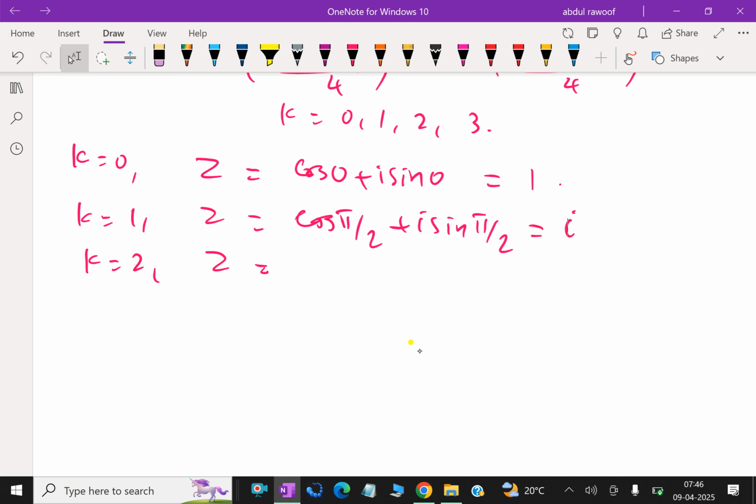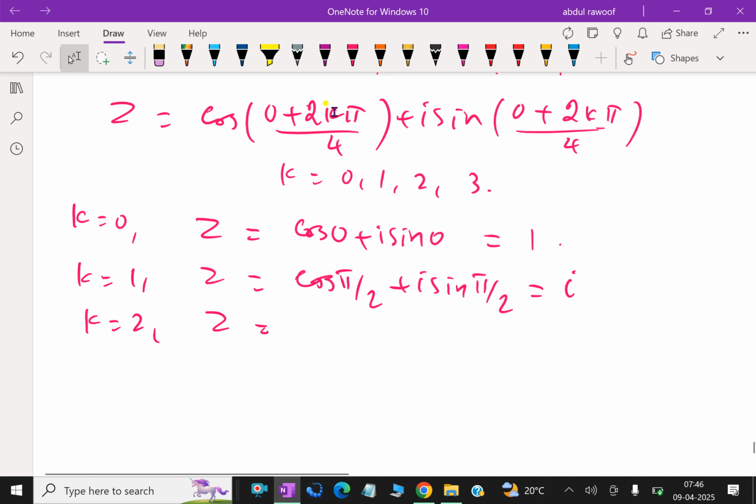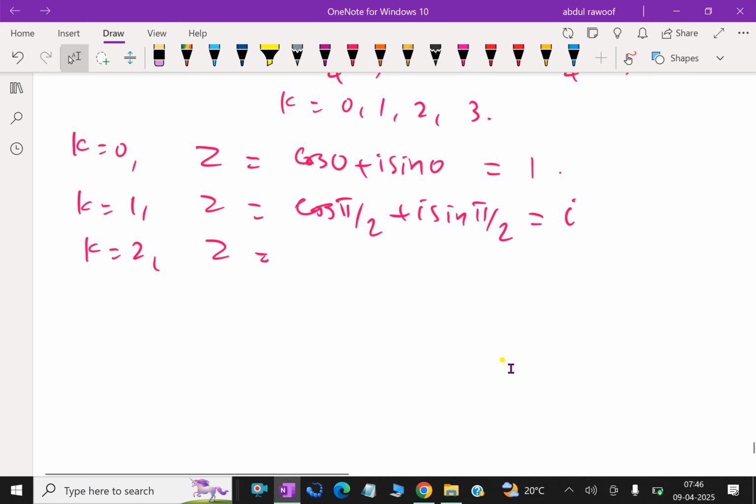Then k = 2: 2 times 2 is 4, 4π/4 is π, so z = cos π + i sin π, which is −1.